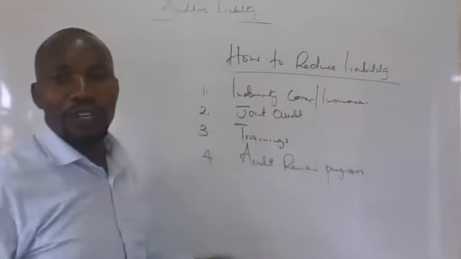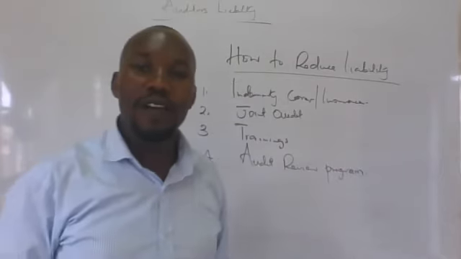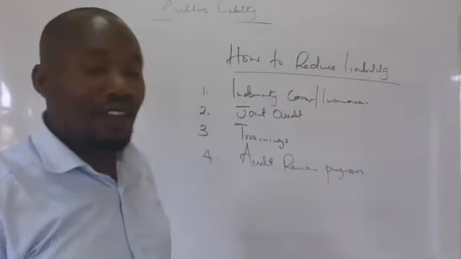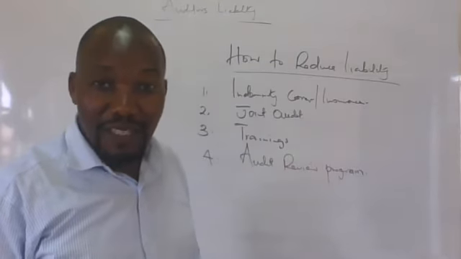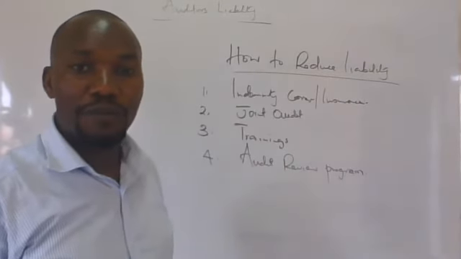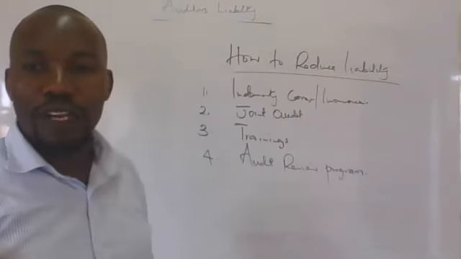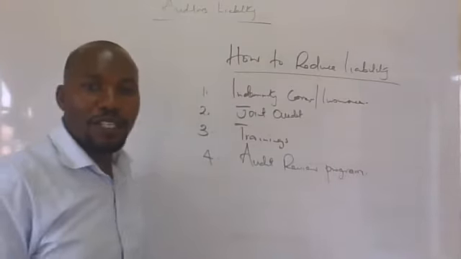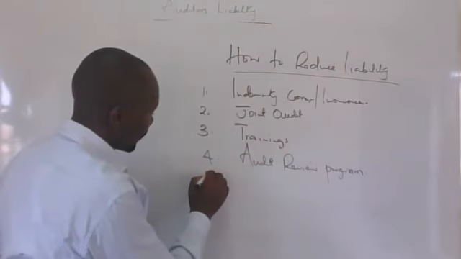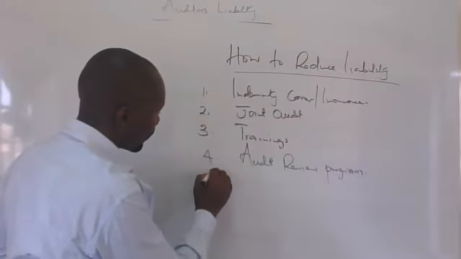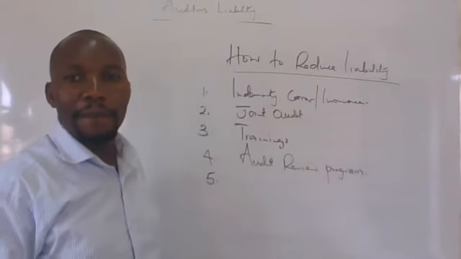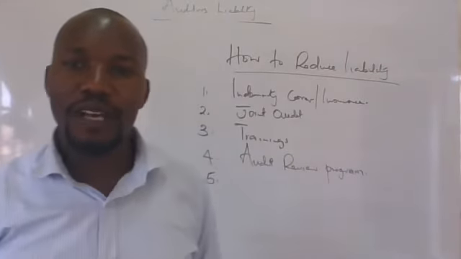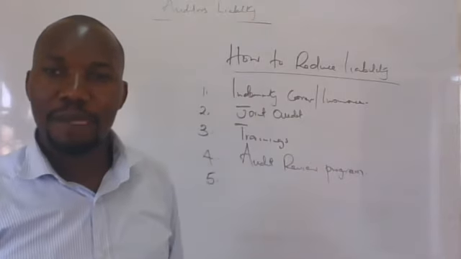As part of our job, we need to always ensure that we review our audit activities so that at the end of the day, there are fewer chances of mistakes existing. We review properly. So now you can give me more points. What else do you think we can do? Who can give us more points? How can we reduce liability?